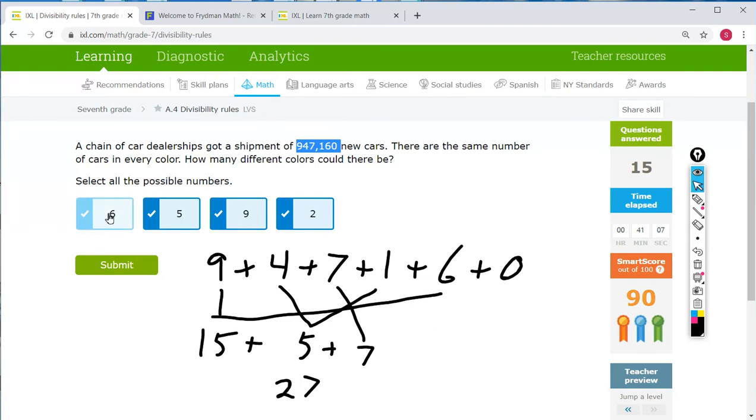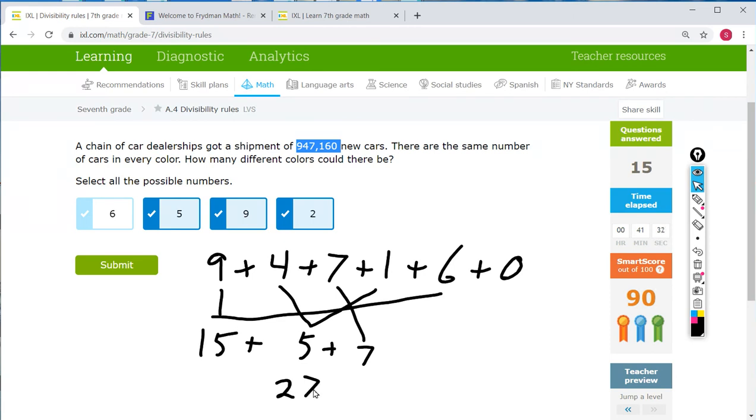Now, is it divisible by 6? Well, to see if it's divisible by 6, I need to check to see if it's divisible by 2 and 3. I already know that it's divisible by 2. Is it divisible by 3? To answer that, I would have to add up all the digits, which I already did, and I got 27. And then I have to ask myself, does 3 go nicely into 27?